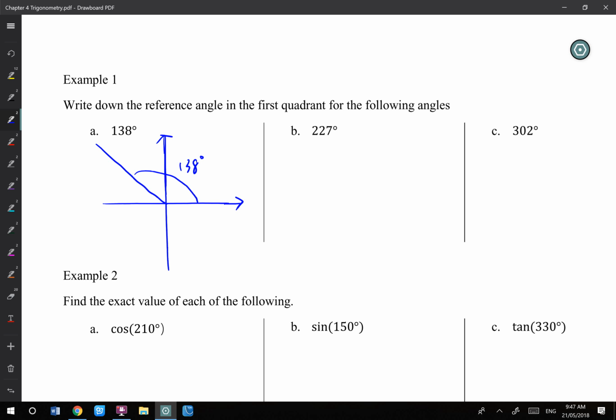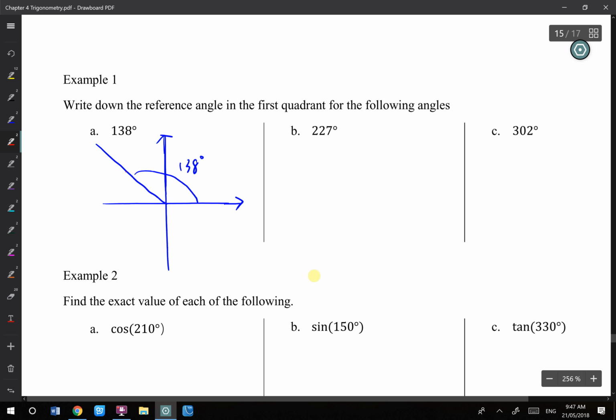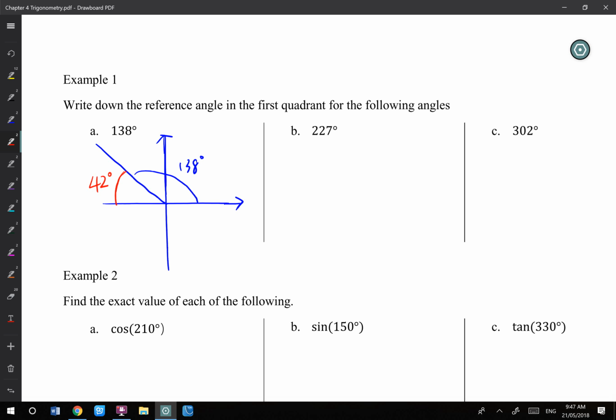It's always the angle line made with the horizontal x-axis that gives you the reference angle. So this is my reference angle. What's the size of this angle here? Okay, 42 degrees. So the reference angle is 42 degrees for 138.